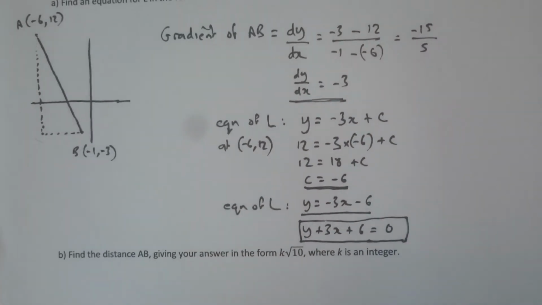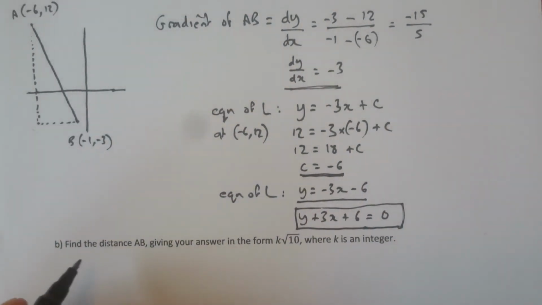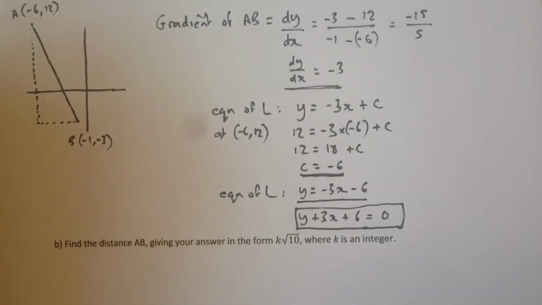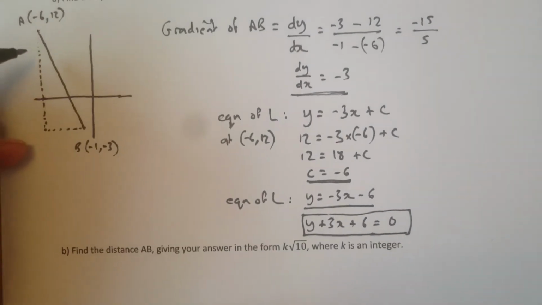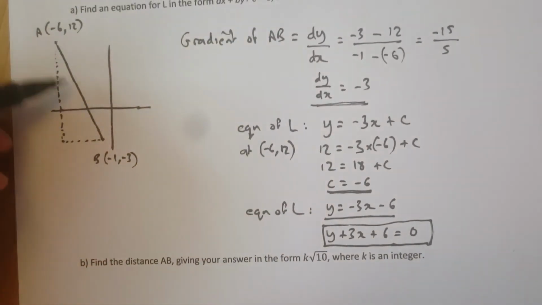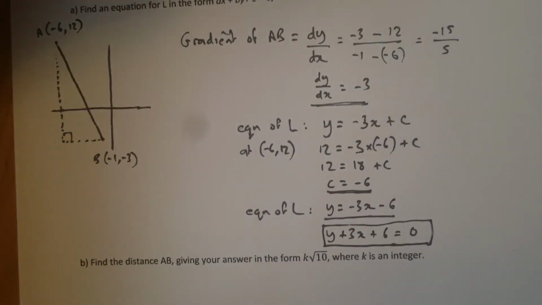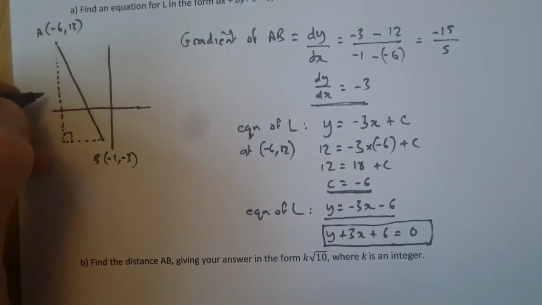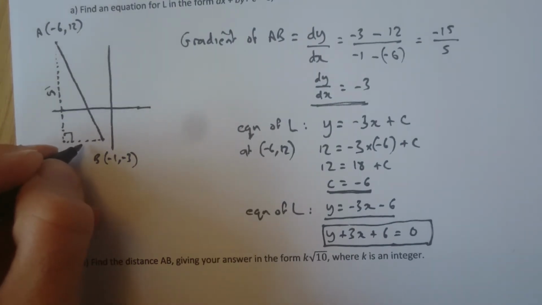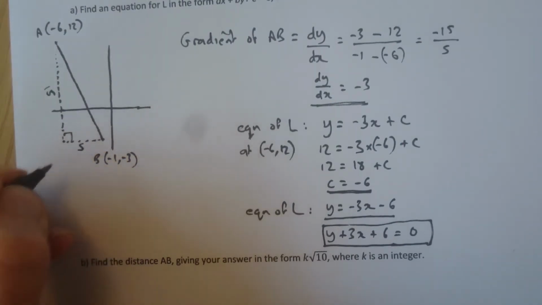Alright, now question 2 then asks us to find the distance between the 2 points. Distance between the 2 points, well, it's a good job we drew this diagram. We can see here that we have a nice little right angle triangle, and in fact we've already calculated the difference in the y and the difference in the x, meaning that the height of this right angle triangle is 15 units, and placed along the bottom there, is 5.